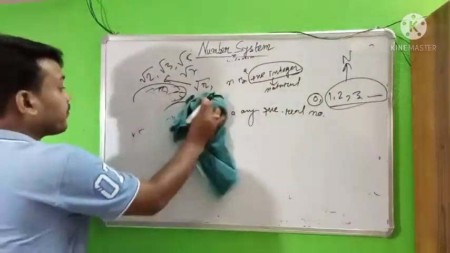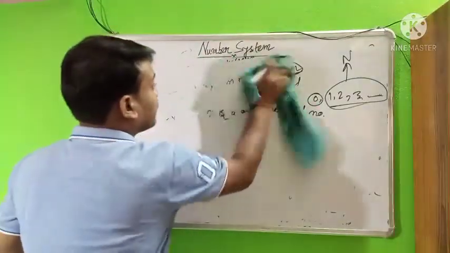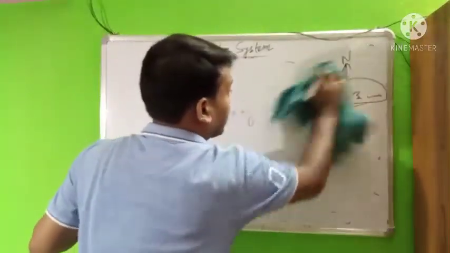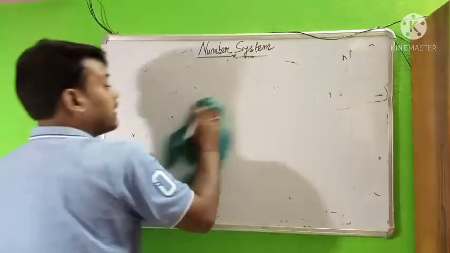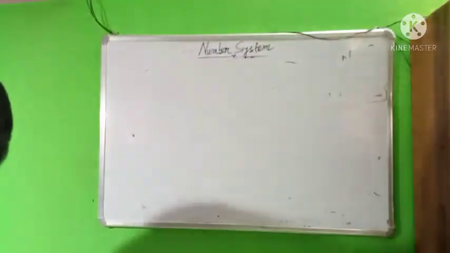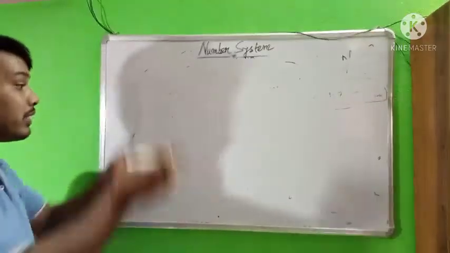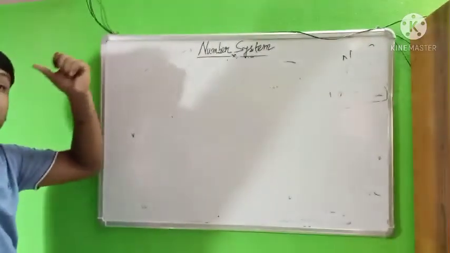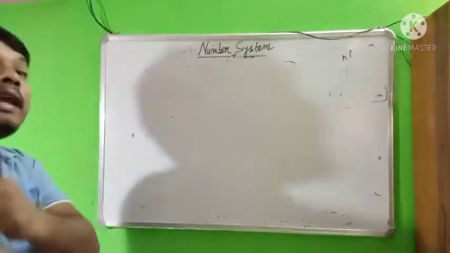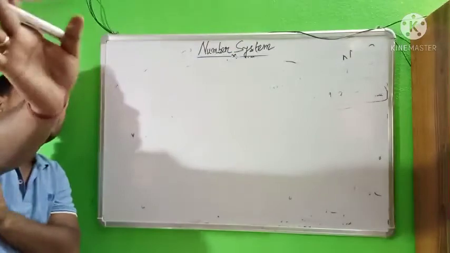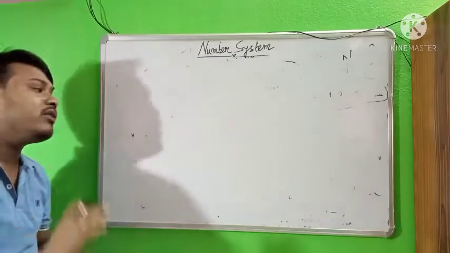Rather than going ahead with an example, first I will discuss the general case: for any real number x, how to find root over x.